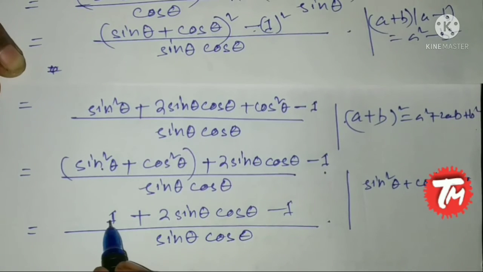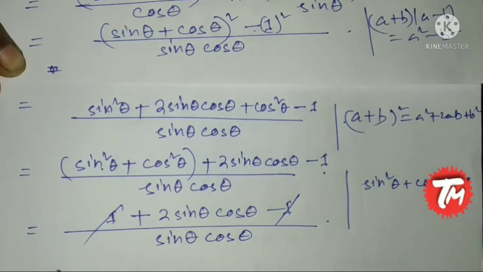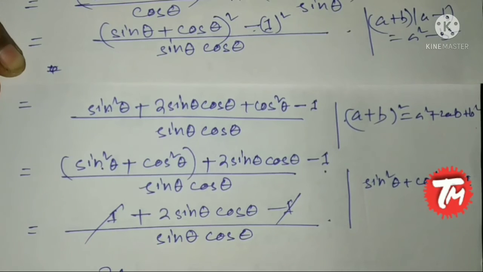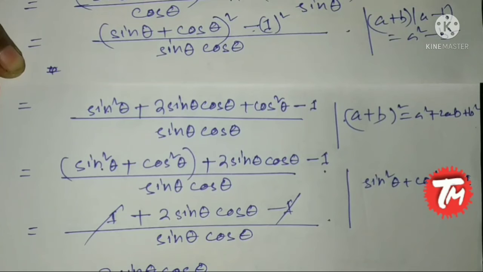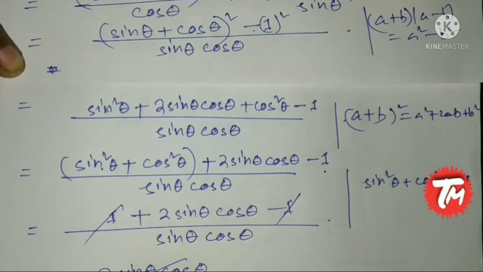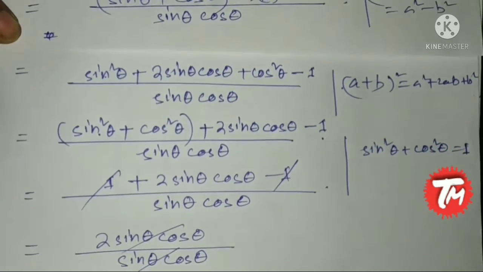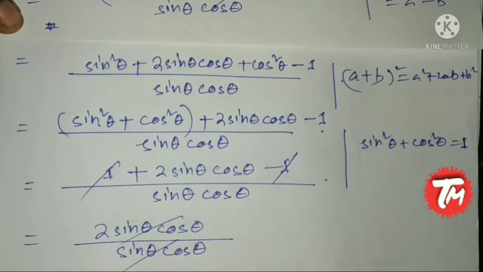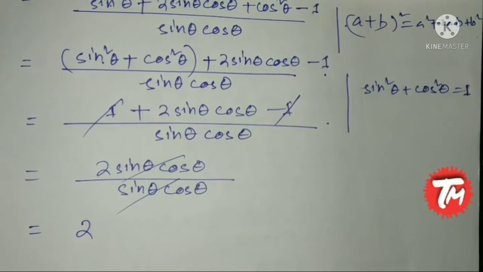Now you see here this plus 1 and this minus 1 would cancel, and what we can write here is twice sin theta cos theta divided by sin theta cos theta. So this sin theta cos theta would cancel. So what remains here? 2.